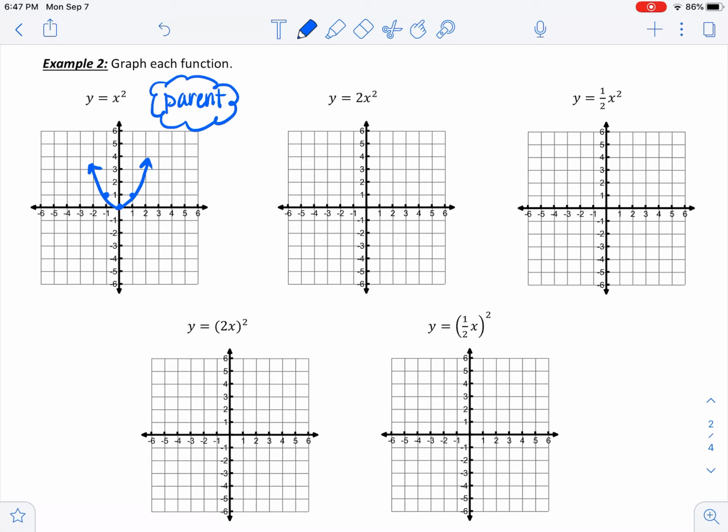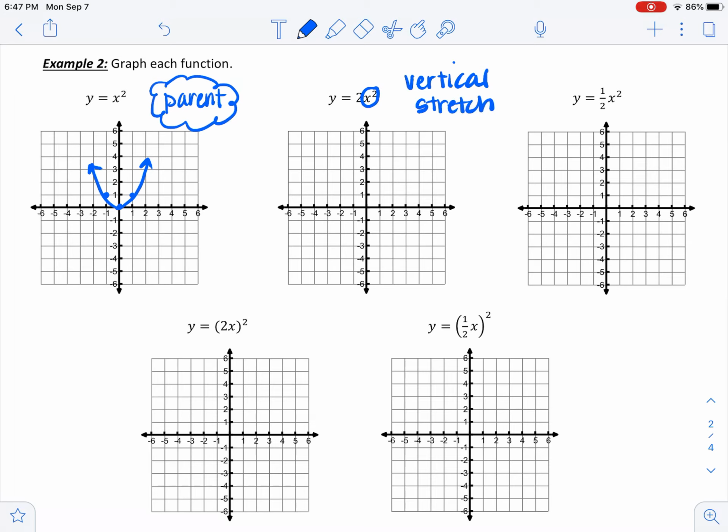Okay, so this is the parent right here. Notice it's a number in front of the parent. Okay, it's a number in front of the parent if I circle the parent. So this is vertical. And then the number in front is a number bigger than 1, so it is a vertical stretch.